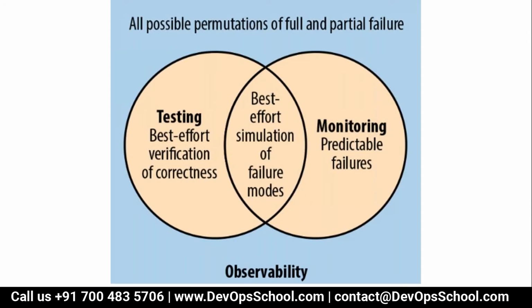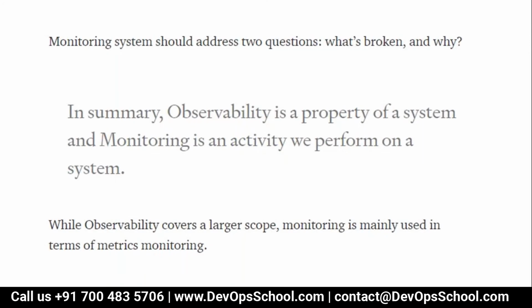Now if you put together all the possible permutations of full and partial failures, observability includes testing plus monitoring, where testing is best effort verification for correctness, and monitoring covers predictable failures, plus best effort simulation of failure modes for the future. Together, this is called observability.